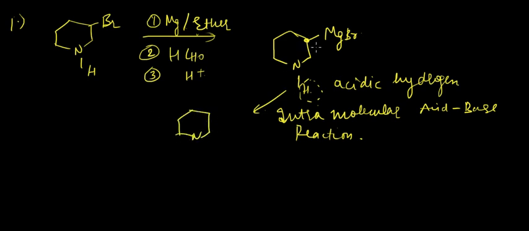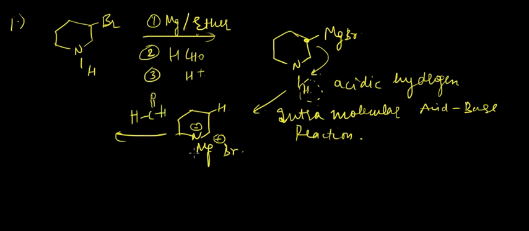This C minus attacks this hydrogen to form a C-H bond here, with a negative charge on N and Mg plus attached on the negative N. Now second, when it reacts with HC double bond O, this nitrogen attacks this carbon atom, and we get something like CH2.